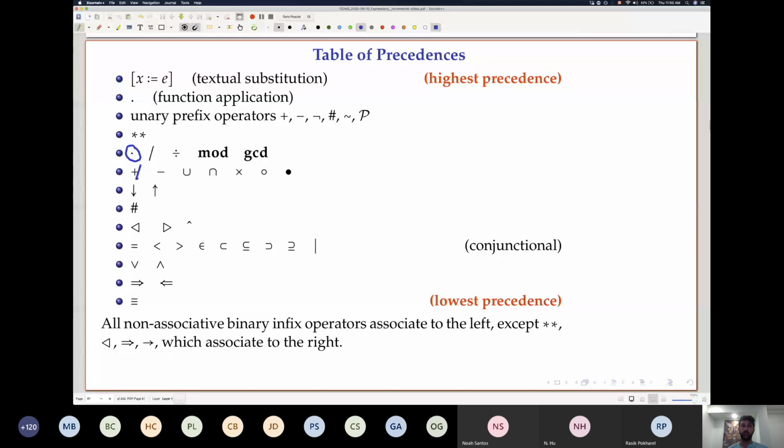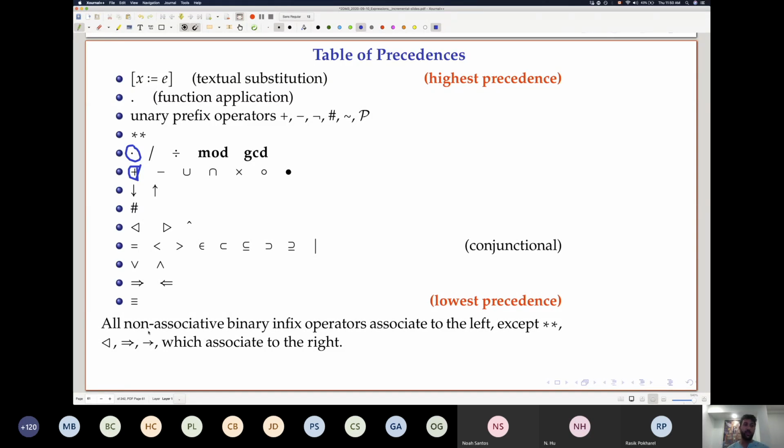Okay, so things at the very top are the things that get parentheses first, or you do them first, and things at the bottom you do last or have parentheses last. So this is the table of precedences we're going to use. Some of these symbols you haven't seen before, and that's okay. We're going to get to them one bit at a time, so it's no concern.